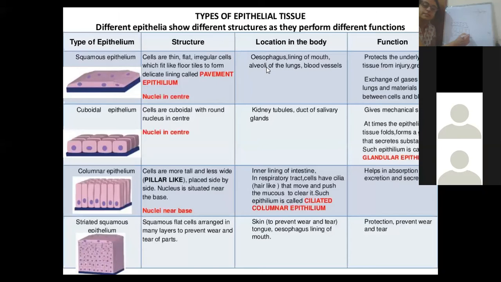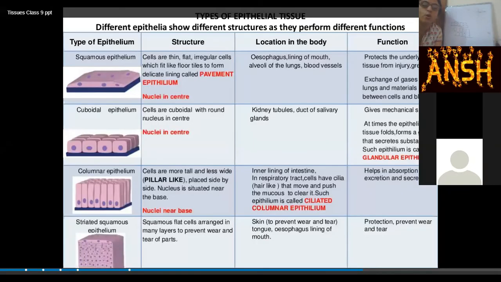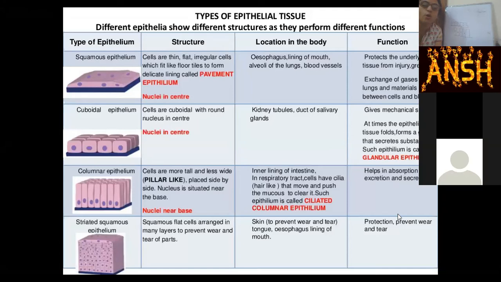It is also present in the respiratory tract, the tract through which the oxygen and carbon dioxide moves. I was discussing the columnar epithelia. The presence of columnar epithelia is in the respiratory tract. If it has a very small hair-like structure, then the same columnar epithelia will be called ciliated columnar epithelia.